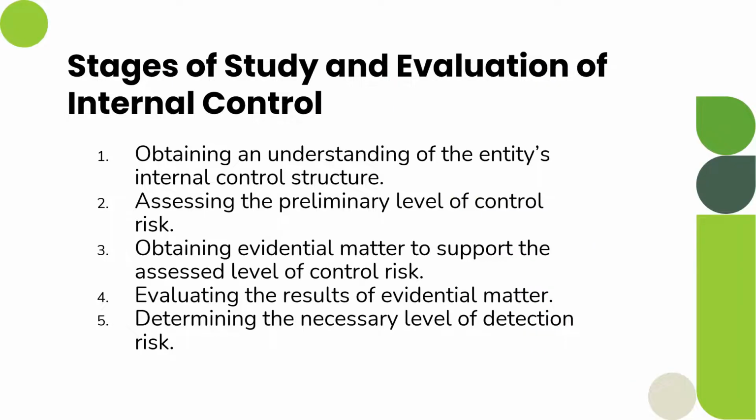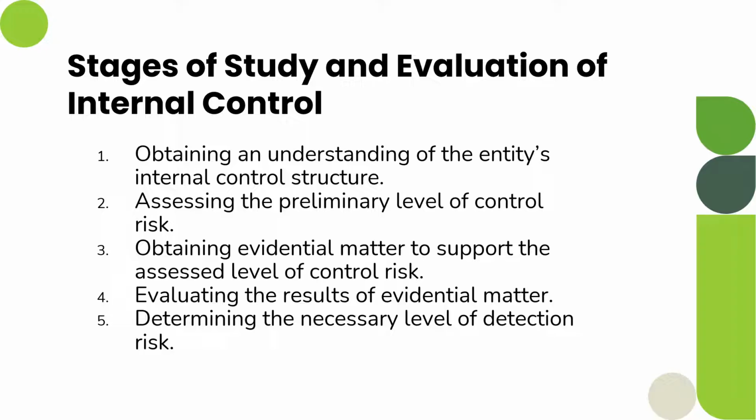So let's take a look at these stages of the study and evaluation of internal control, which we have presented via a flowchart illustration. But just to put some more flesh into that discussion, we all know that we start by obtaining an understanding of the entity's internal control structure. To do this, we need to perform risk assessment procedures as per PSA ISA 315.